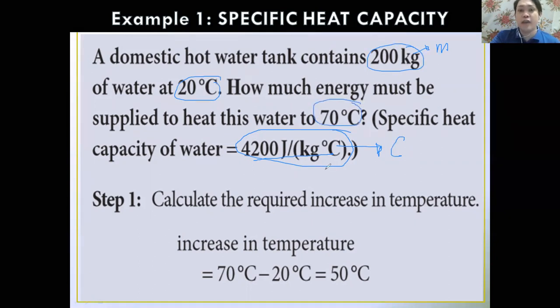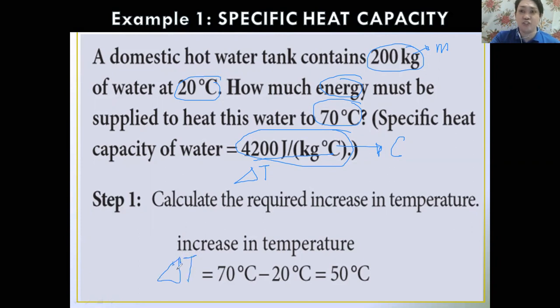In order to solve the energy supplied or required, we have to identify first your change in T, or the increase in temperature. Again, how do we solve the change in T?